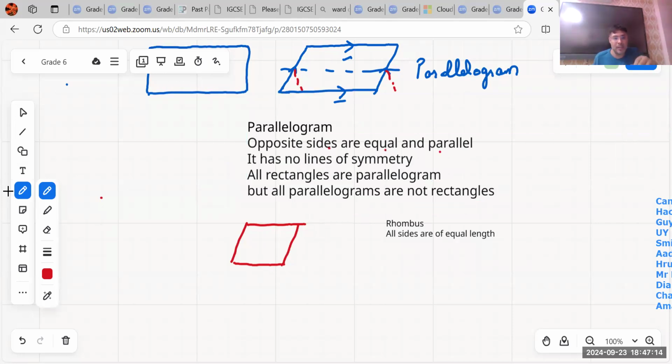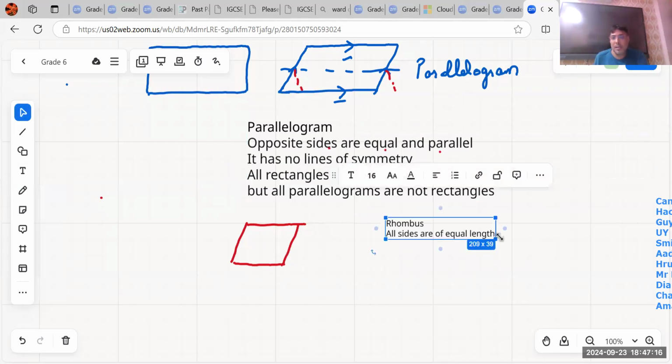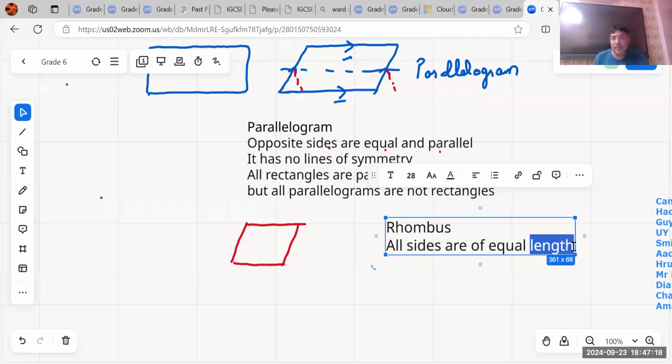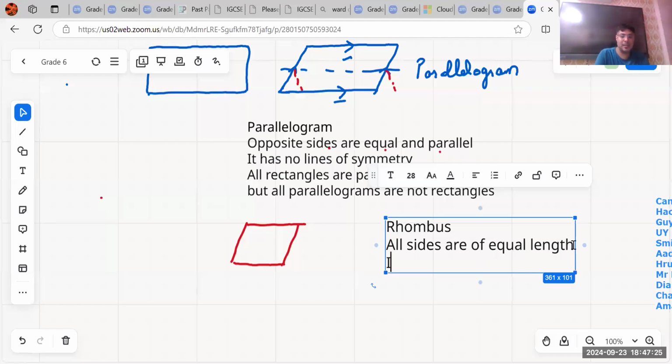All right, so this is a rhombus. All sides are of equal length. Its diagonals are its lines of symmetry.